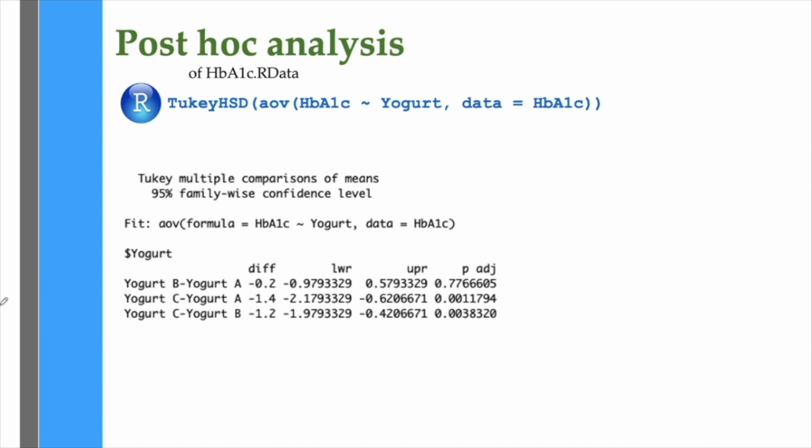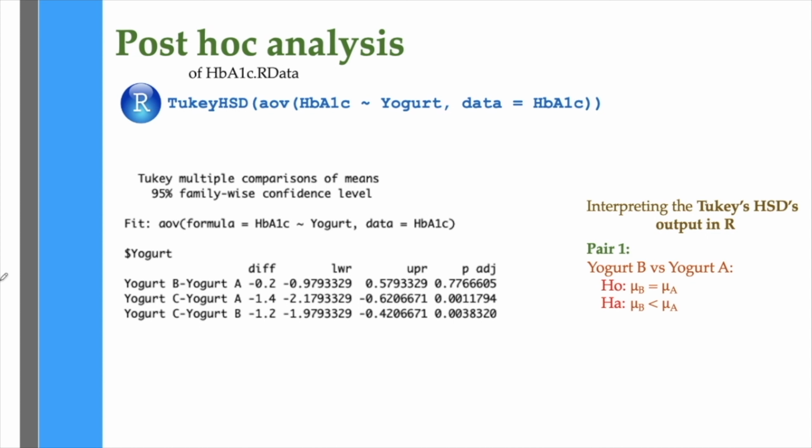So remember, a while ago, I taught you about how to determine whether the alternative hypothesis is less than or greater than, and that will be applied here. Now, the first pair here is about yogurt B and yogurt A. So the null hypothesis is, of course, the mean of those who took yogurt A and B are equal. And the alternative is that since this is negative, then the alternative hypothesis is that B is less than A.